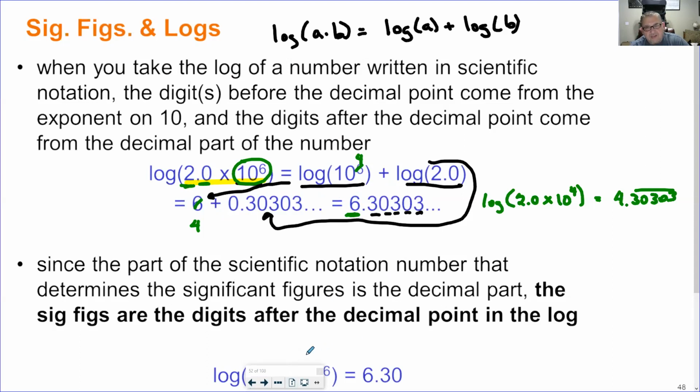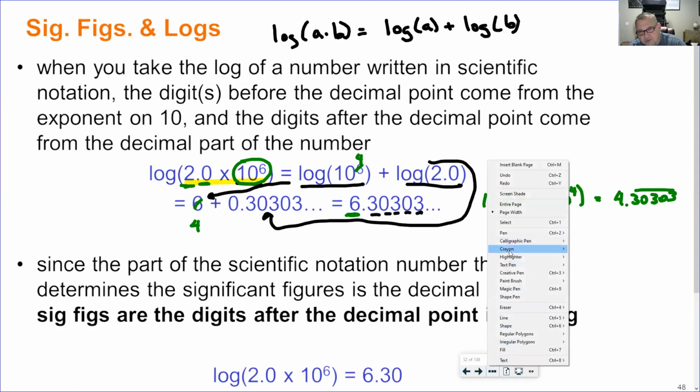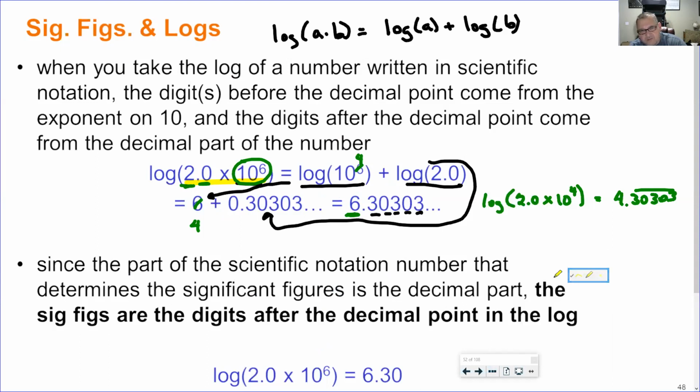So when we take a log of something, to know where the number of significant decimal places are, the number of significant decimal places is determined by the number of digits after the decimal point in the log. So if we look at this number, 2 times 10 to the minus 6, the significant digits are 2 significant figures here.